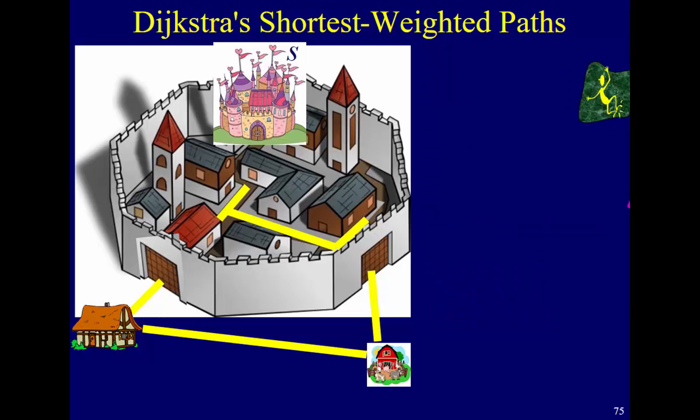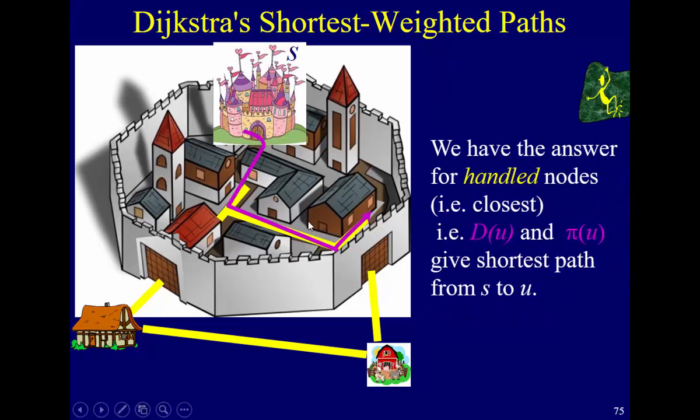And then more about the loop invariant. We know that for any node inside the wall, any node that's been handled already, we have the perfect shortest path, right? We have the answer, right? So the D, for each node U that's been handled, the D of U gives the length of the shortest path to it.